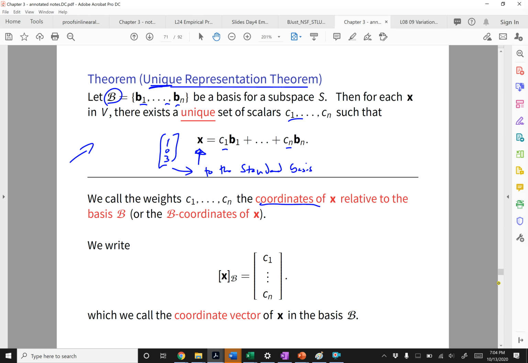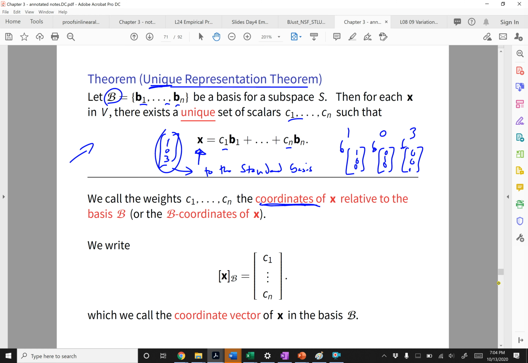That's 1, 0, 0; 0, 1, 0; 0, 0, 1. And this coordinate of 1, 0, 3 means 1 of these, 0 of these, 3 of these. But it has other coordinates.